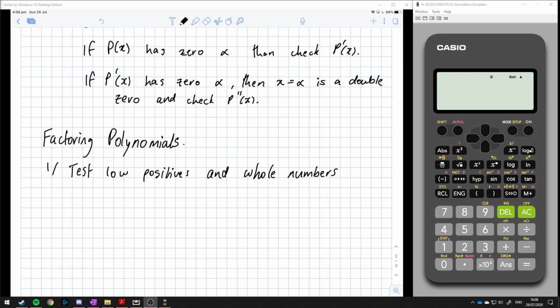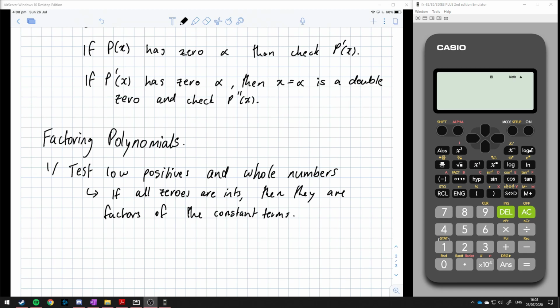If all coefficients are integers, every integer 0 is a divisor of the constant term. So if all zeros are integers, then they are factors of the constant term. Now that's really important because it means that when you're guessing or doing your trial and error for your zeros, you can only get factors of the last number.